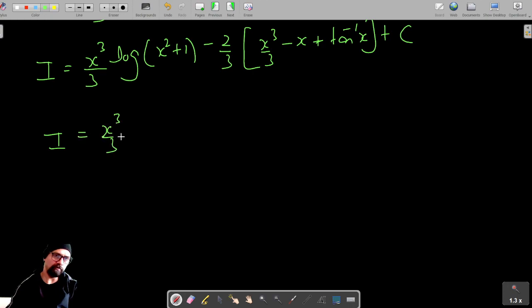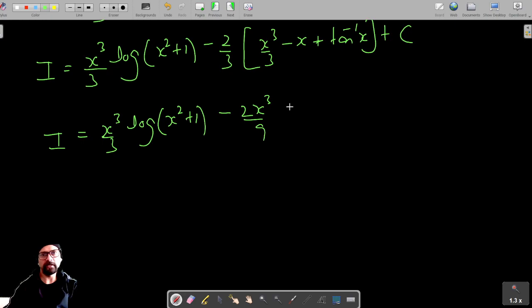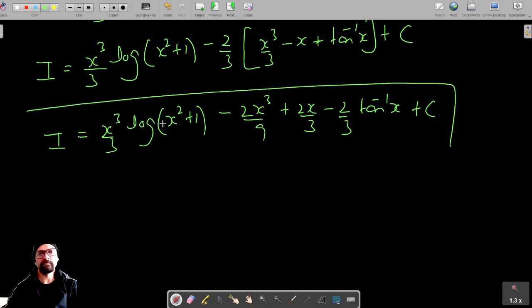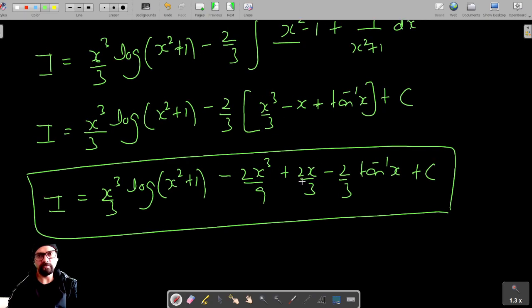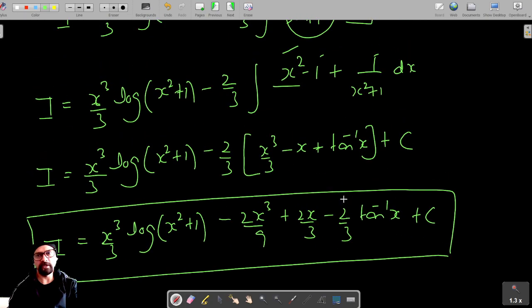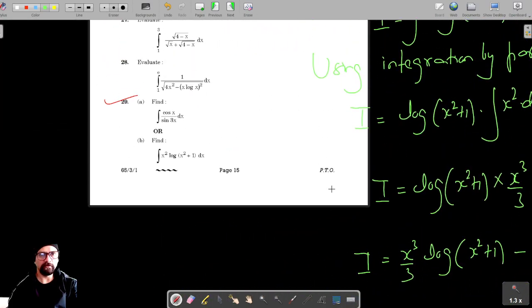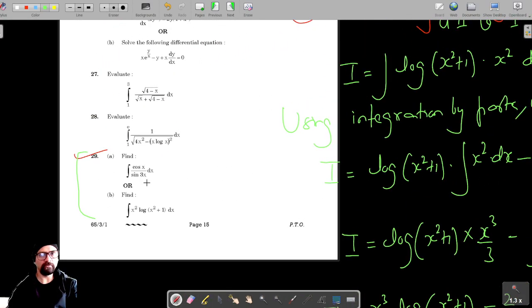So this is x cubed upon 3 into log of x squared plus 1, minus 2 x cubed by 9 plus 2x by 3, minus 2 by 3 tan inverse x plus c. And this solves our question number 29. Let's move on to question number 30.